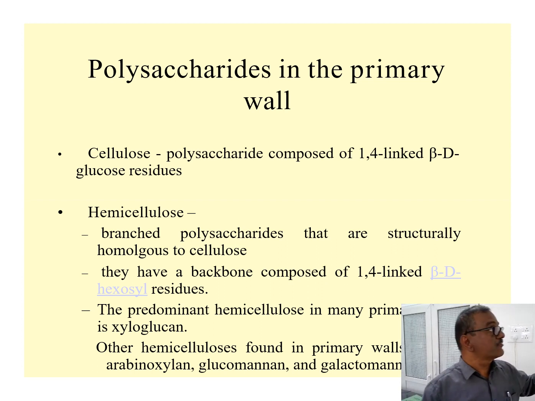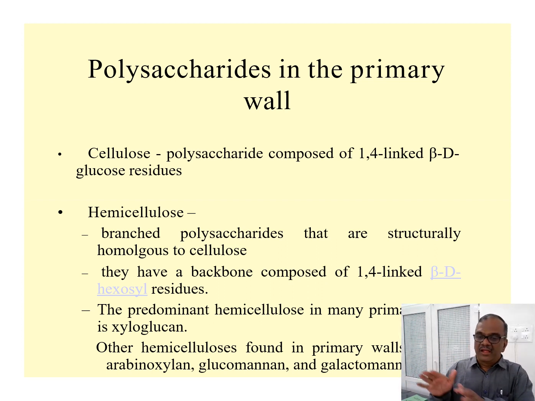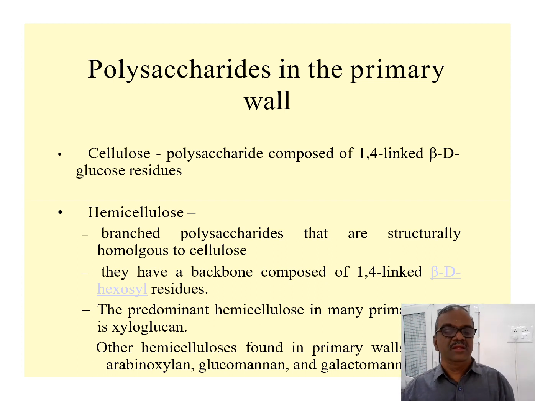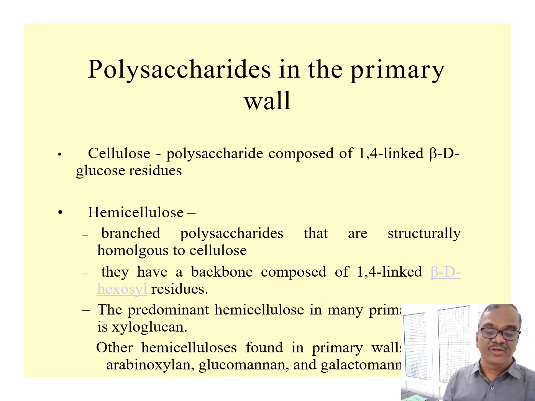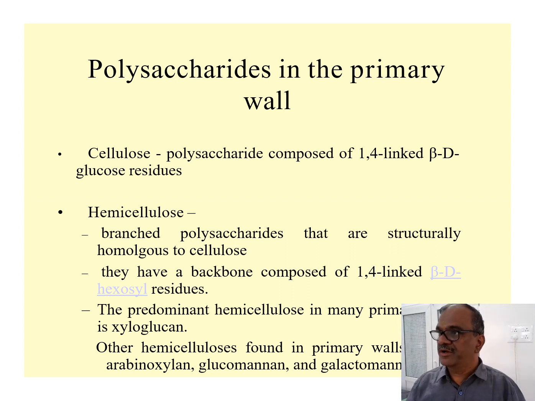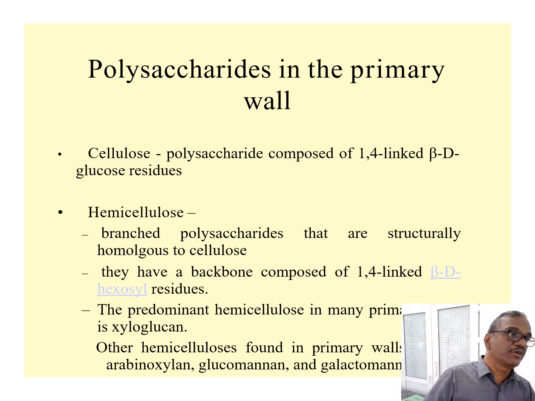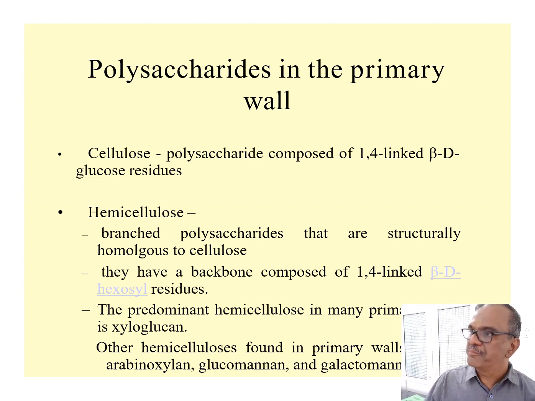And in the case of the hemicellulose, they are the same, but instead of the beta D glucose residues, here it is hexosyl. Hexo, 6 number, any kind of modified sugar molecules are present in that. Okay, the prominent hemicellulose is the xyloglucan. Whereas in the cellulose, which one? Glucose is the main one. There is no other. But here the xyloglucan is the major one.